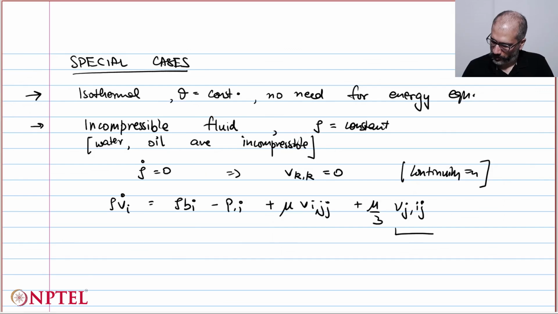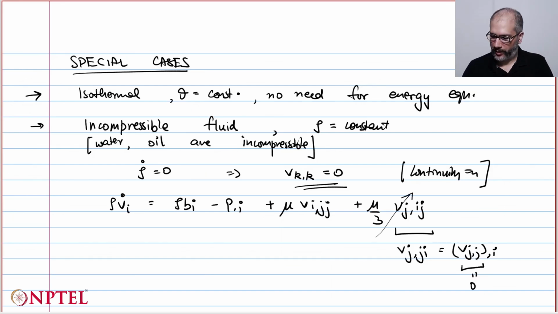Now if we look at this last term, it can be written as v_j,ji, which is actually equal to v_j,j differentiated with respect to i. But since v_j,j is 0, as we just showed, this term vanishes in the momentum equation as well when we're talking about incompressible fluids. So the Navier-Stokes equation for an incompressible fluid only has these terms and not the last one, for the reason that we have a divergence-free velocity field.